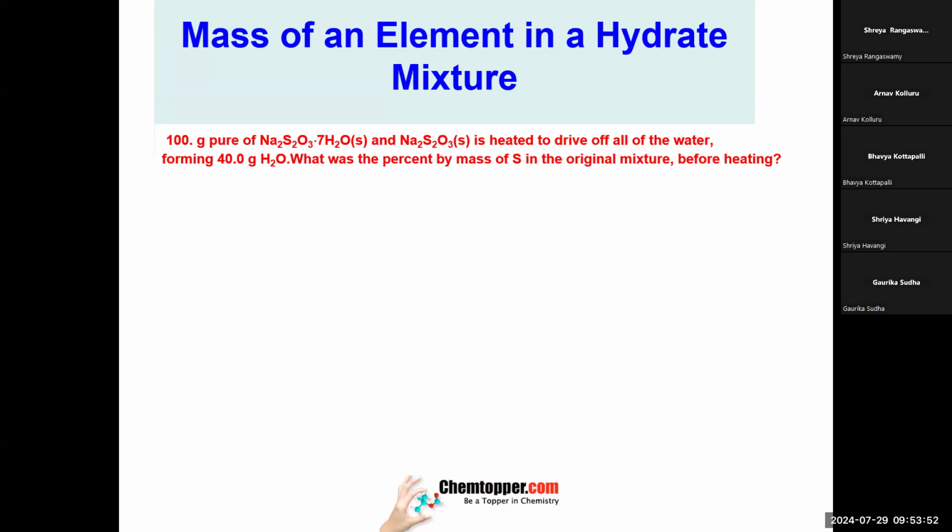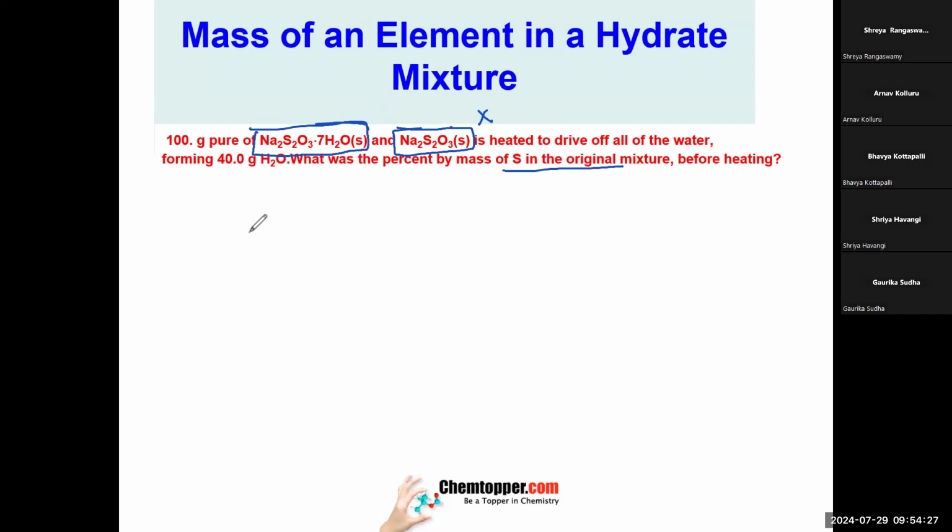Remember H2O, H2O2, we were doing in the last class, percent composition. So whatever mass is given, it doesn't matter. You're going to calculate the percent composition from the formula. Okay, they're asking in the original mixture, from this formula.